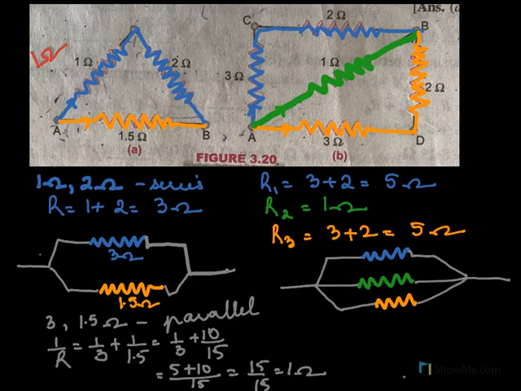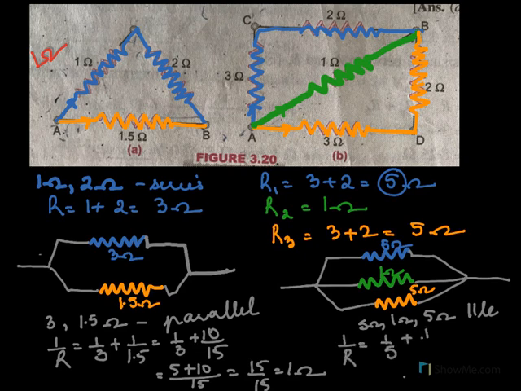All these 3 are connected in parallel. The blue one we already saw is 5 ohms. The green is 1 ohm, and the yellow again is 5 ohms. The 5 ohms, 1 ohm, and 5 ohms are connected in parallel.